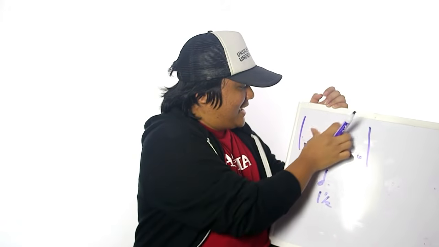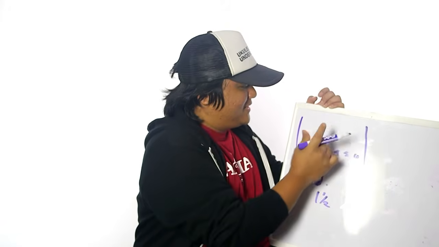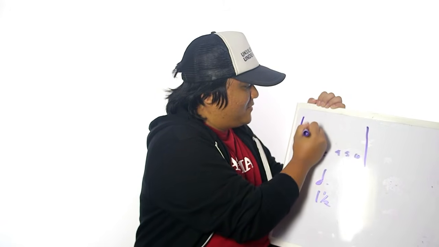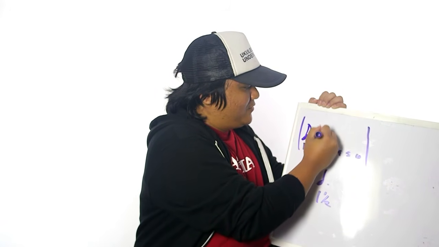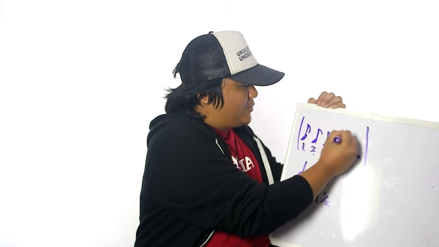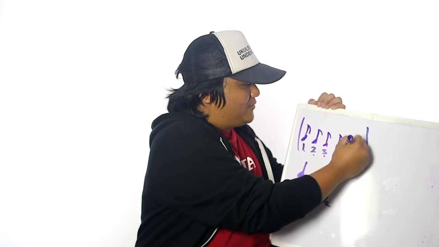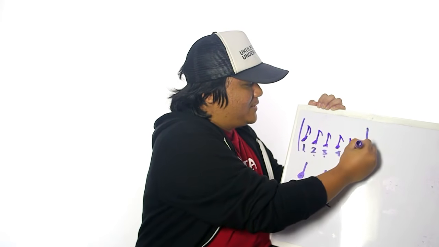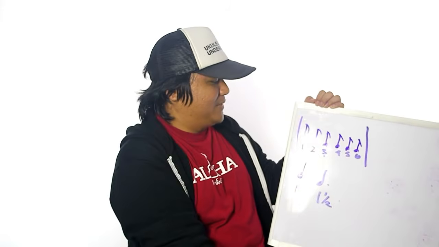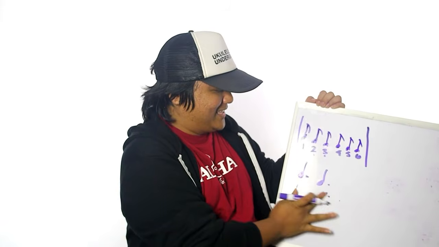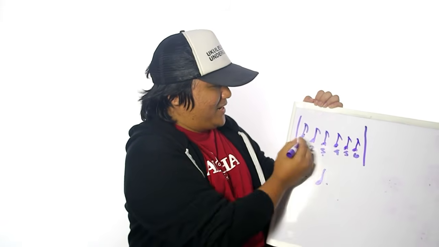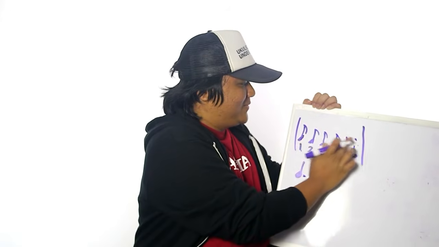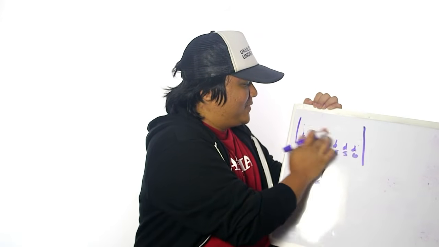Or you could look at it as 1, 2, 3, 4, 5, 6. But it's just easier to look at it this way so that you don't have to write all those down. Or you can connect them, because that's what the flags are for.